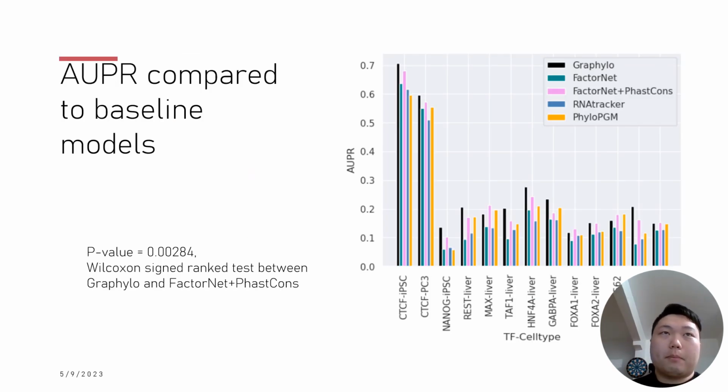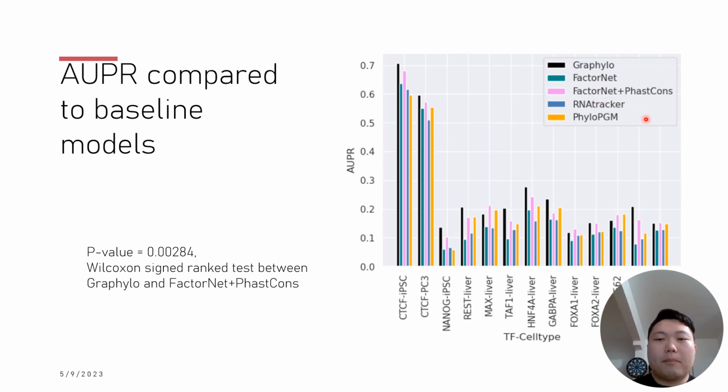We evaluated the performance of Graphylo on the DREAM within cell type transcription factor binding site challenge and compared it against several other models that use different types of input data. Our comparison includes two versions of FactorNet, which is a CNN stacked LSTM model that uses either human sequence alone or human sequence with the FastCons conservation score.